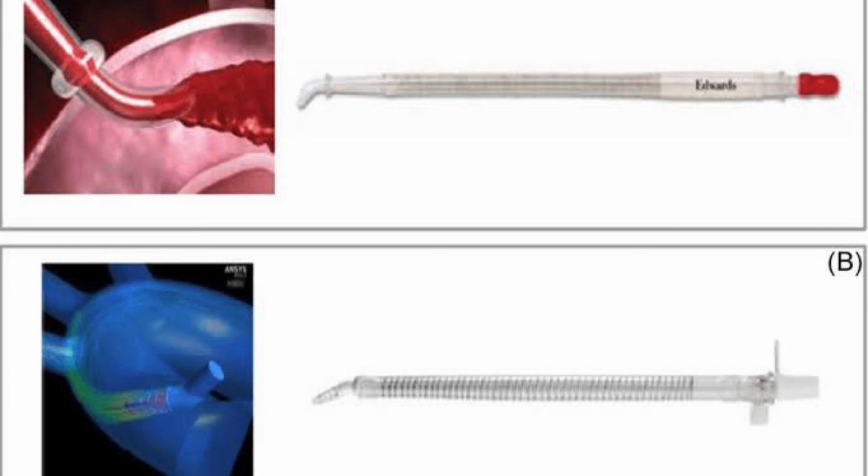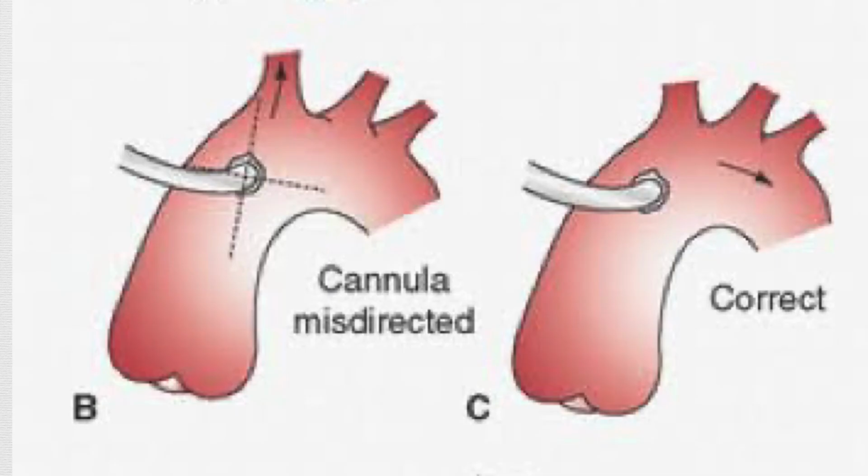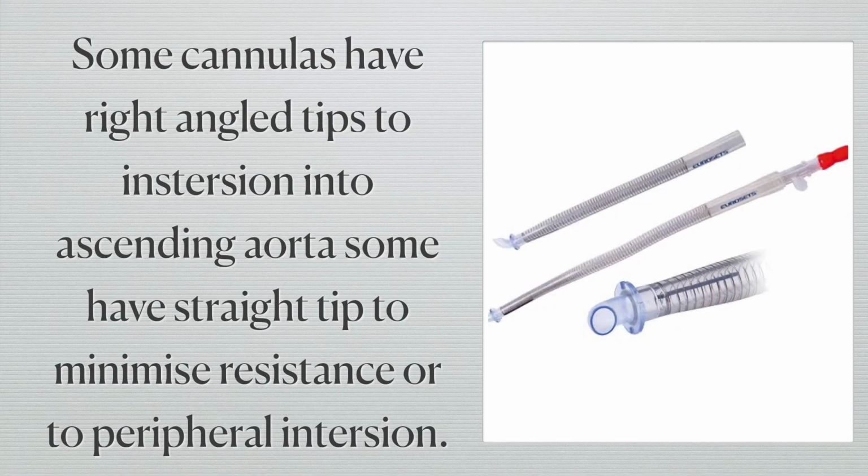Insertion of the cannula into the aorta, as shown in this figure. The cannula is misdirected in B and correct in C. Some cannulas have a right angle tip for insertion into the ascending aorta.